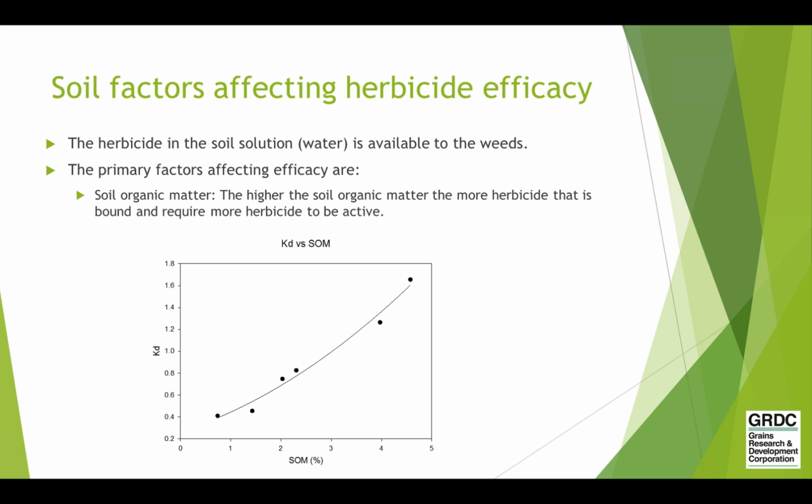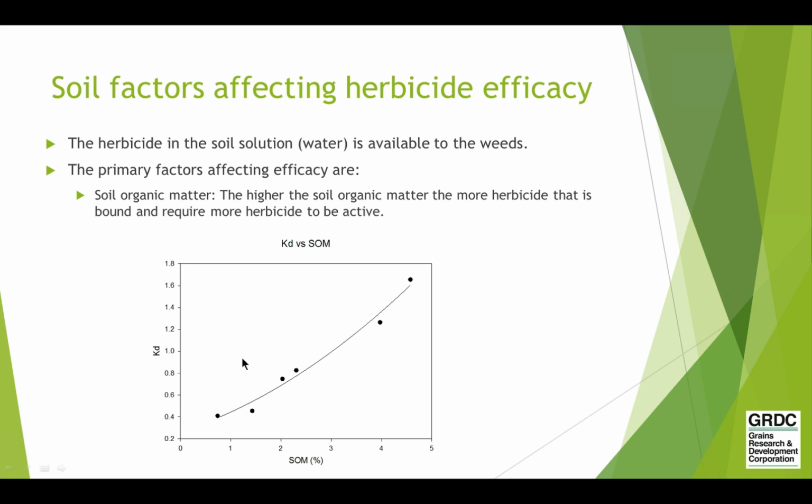One of the major factors that affect herbicide efficacy, as I've talked about, is how much herbicide is available in the soil solution. The primary factor that affects efficacy and this availability is the soil organic matter. The higher the soil organic matter, the more herbicide that's bound. And if you get into heavier and heavier soils with higher organic matter, you need more herbicide to get equivalent activity.